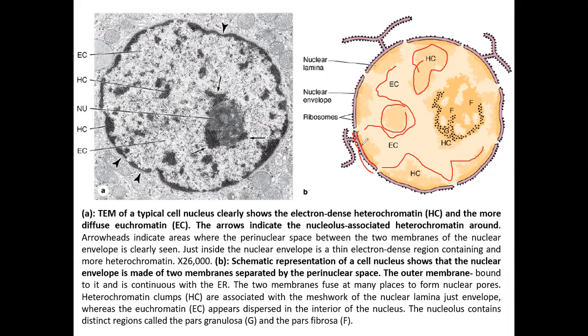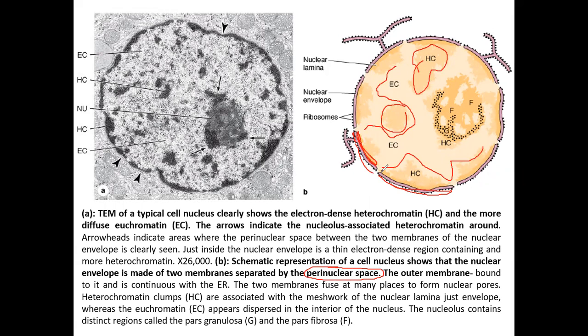Other than the inner membrane of the nuclear envelope, we have this outer membrane of the envelope. The space between the inner and outer membranes is what we call the perinuclear space.